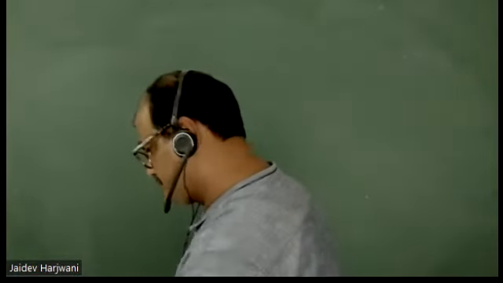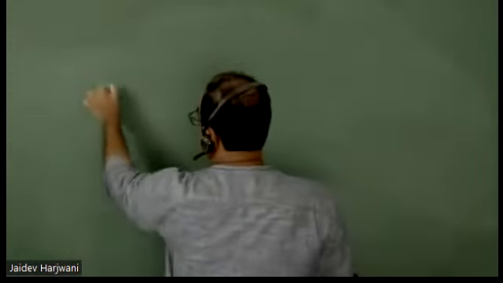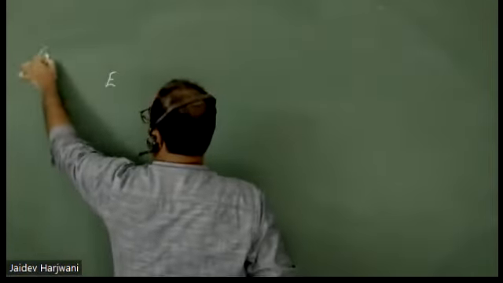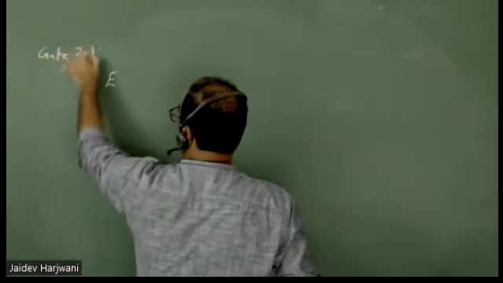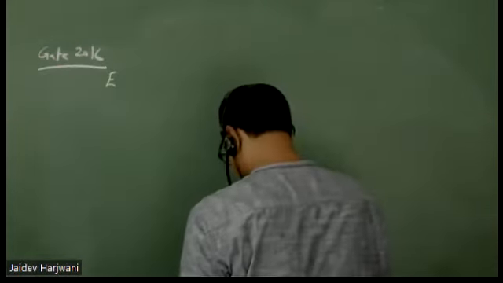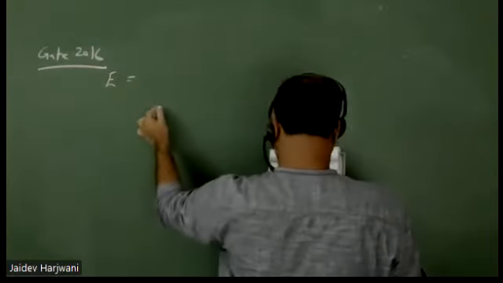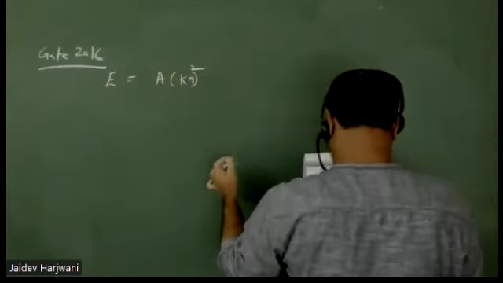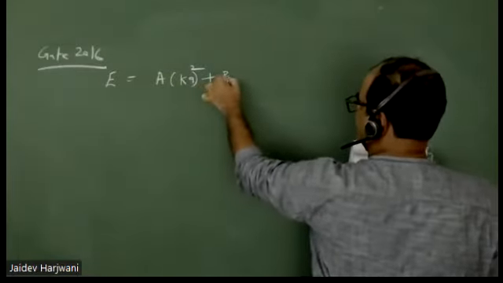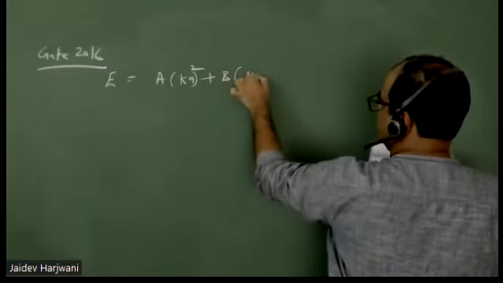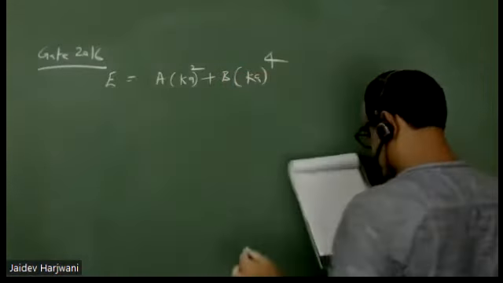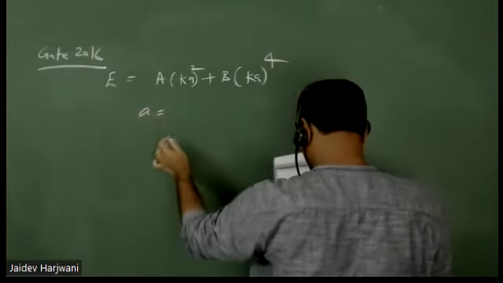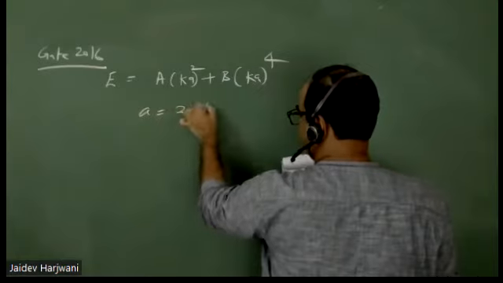So now suppose we have E. This came in GATE 2016. E is given as A k² minus B k⁴, where a is the lattice constant, given as 2.1 angstrom.